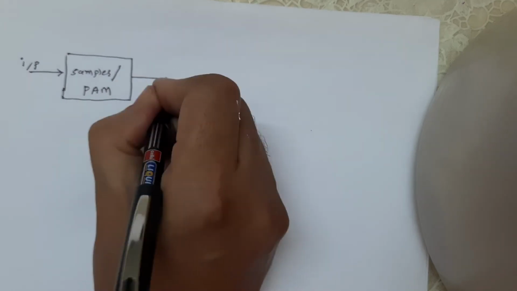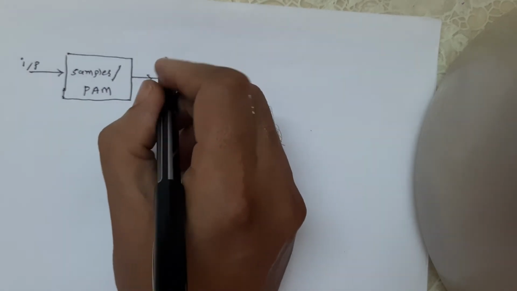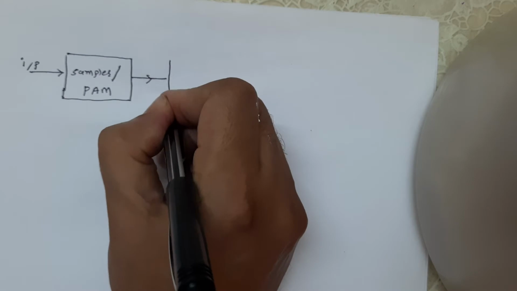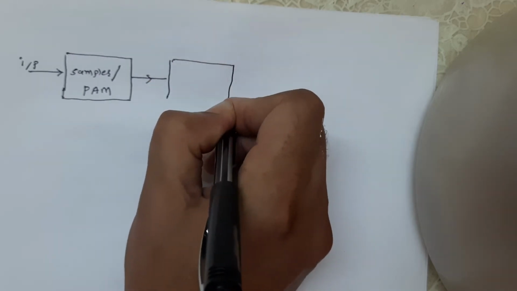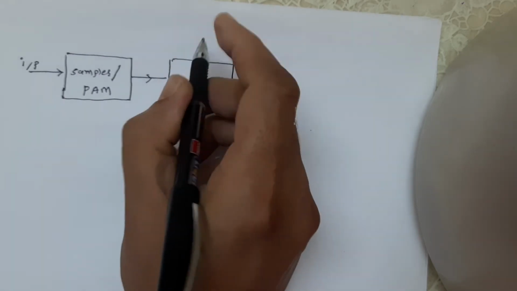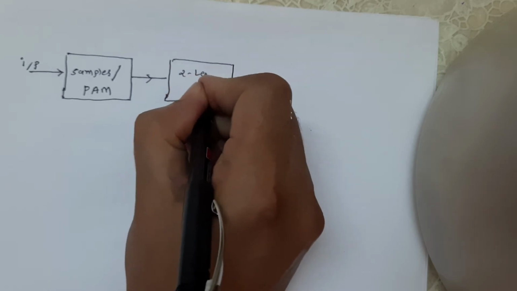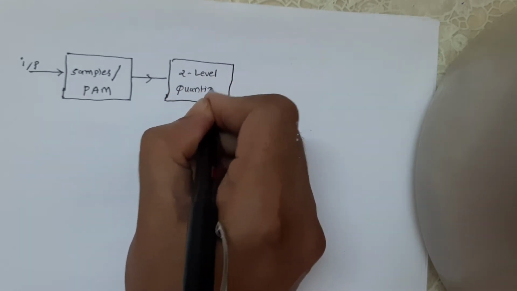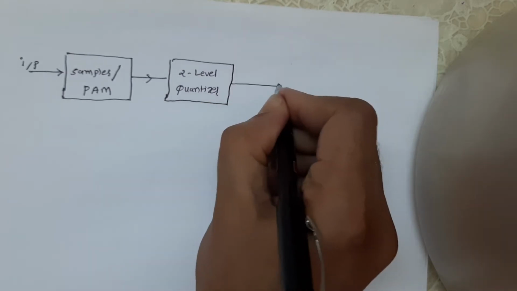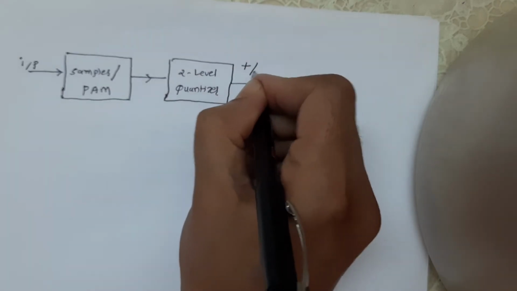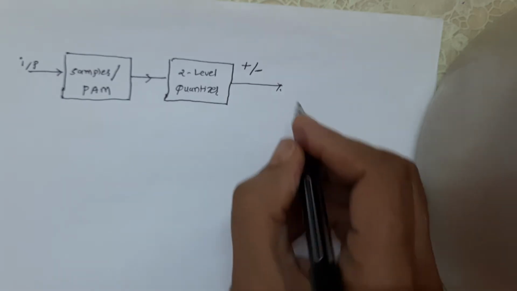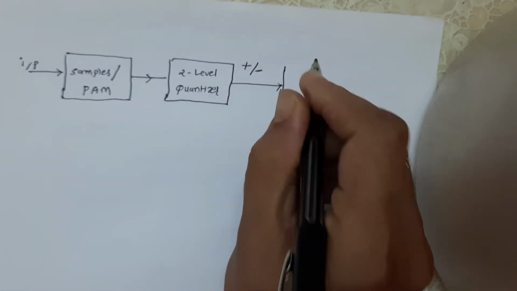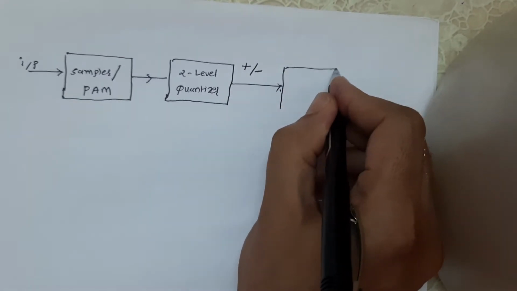The second block is a two-level quantizer, whose output is positive or negative depending on the binary 1 and 0.